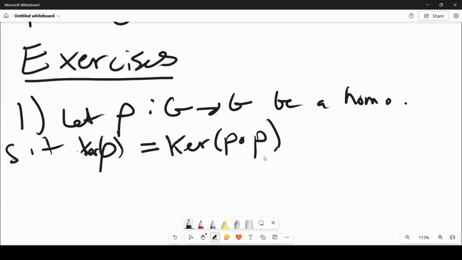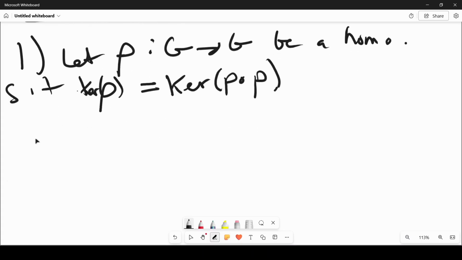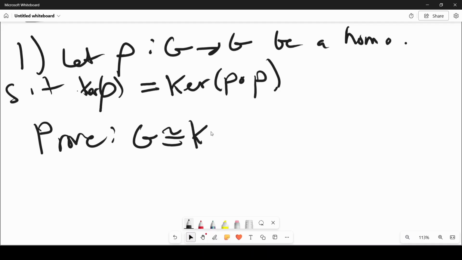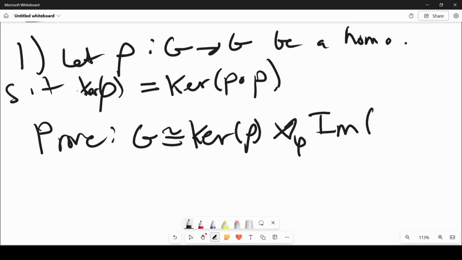Okay? Then I want you to prove that G is isomorphic to the kernel of rho semi-direct product with the image of rho. Okay.